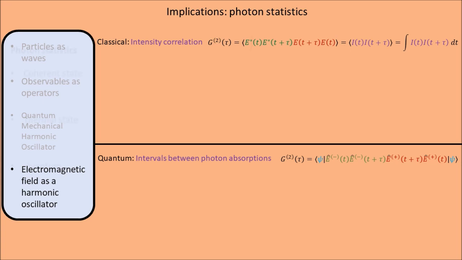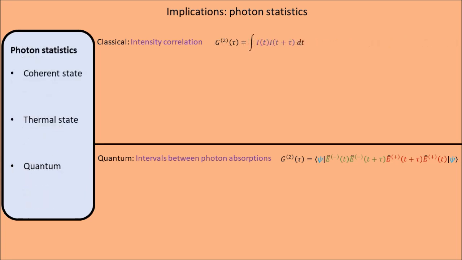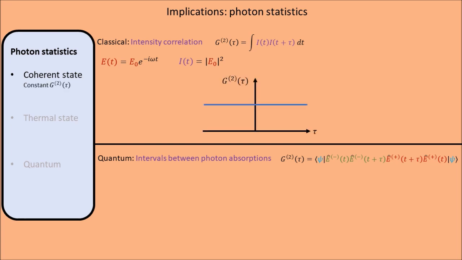Now we will study these quantities for three different types of light: coherent light, thermal light, and non-classical light, which can only be understood quantum mechanically. Fully coherent light is classically given by a monochromatic field and its intensity is constant in time. So the intensity correlation function will also be constant as a function of tau.